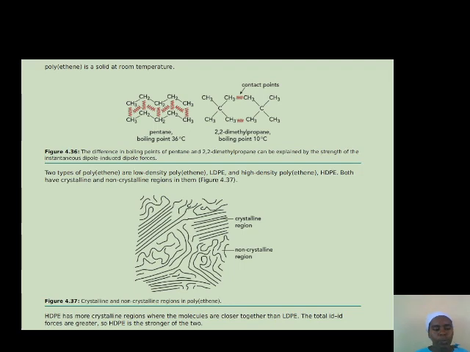High density polythene has a larger crystalline region, and therefore many contact points, and that is why it has a higher boiling point, or higher instantaneous dipole induced dipole forces, compared to low density polythene, which has less crystalline region and therefore lower instantaneous dipole induced dipole forces of attraction.